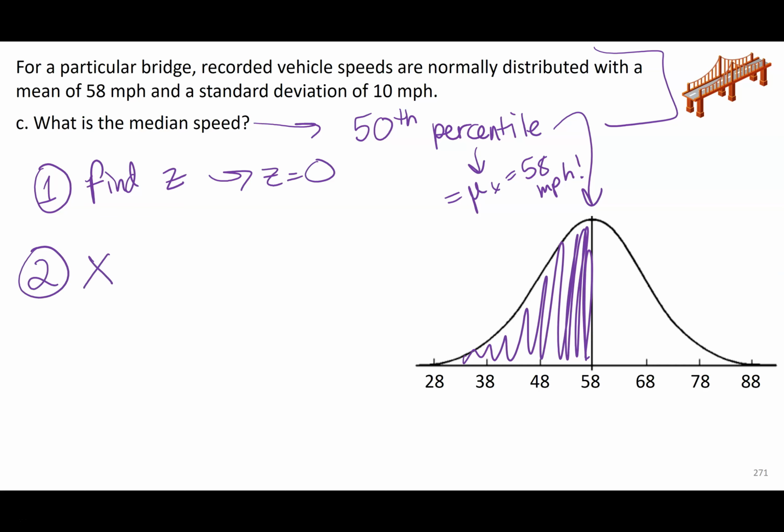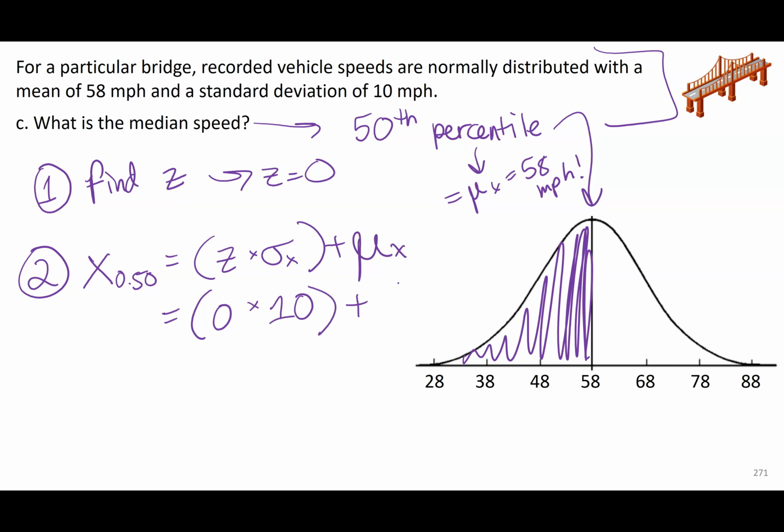Then the 50th percentile is equal to z times sigma plus mu. I love multiplying by 0; 0 times anything just makes things go away. So 0 times 10 plus 58 is 0 plus 58, which is equal to 58 miles per hour.